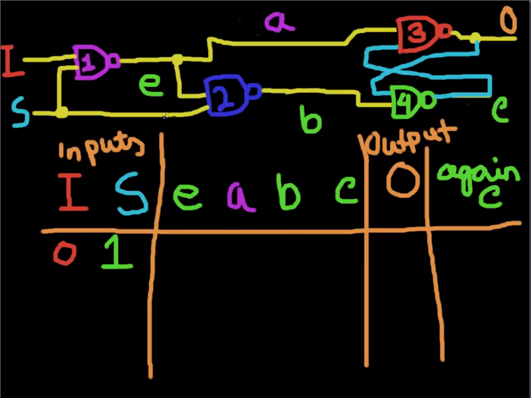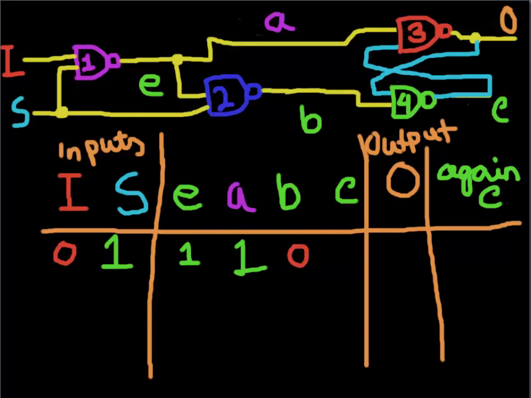As both E and S are on, let me write this down. E is 1, A is also 1, and as both S and E are on, this NAND gate will produce B as off.